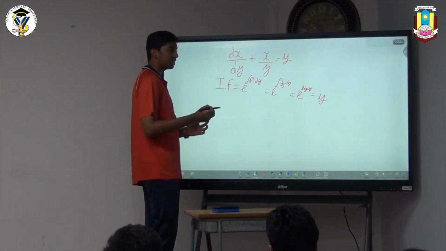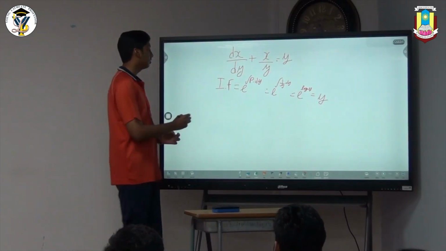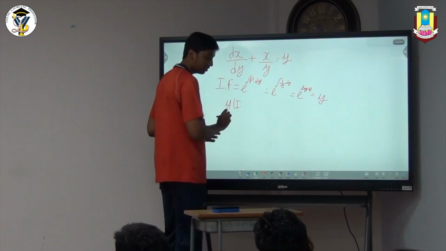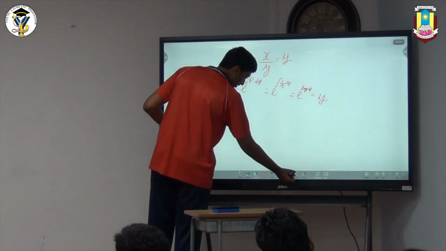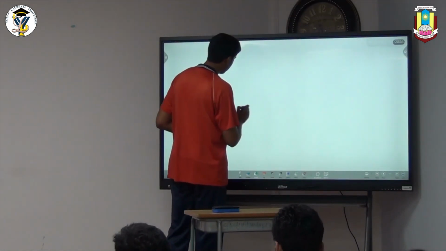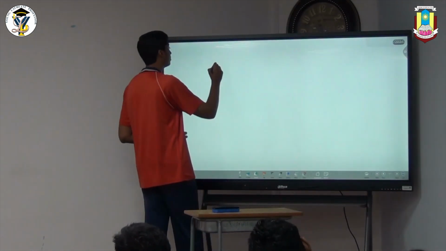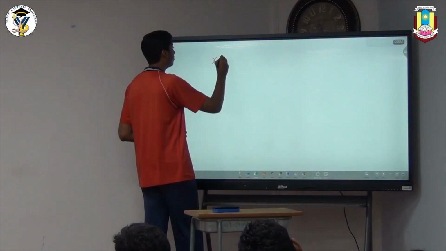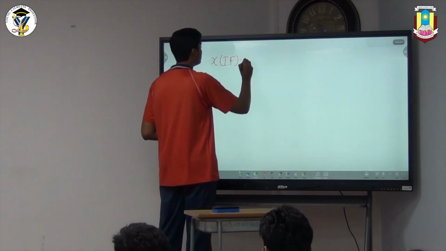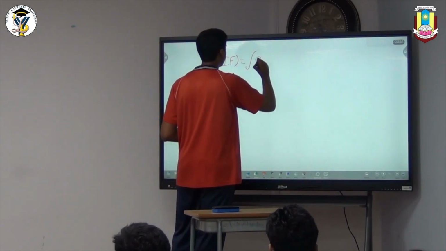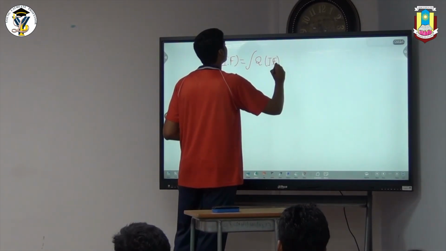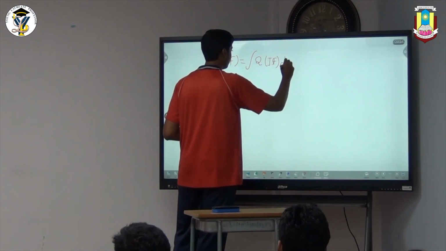Now we will substitute in the solution. We have y multiplied by the integrating factor. What is this? Here, since we are dealing with the second form, it's x. So it will be x multiplied by the integrating factor is equal to the integral of Q multiplied by the integrating factor times dy.